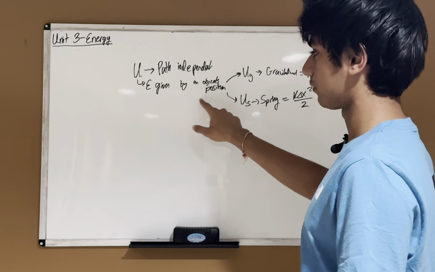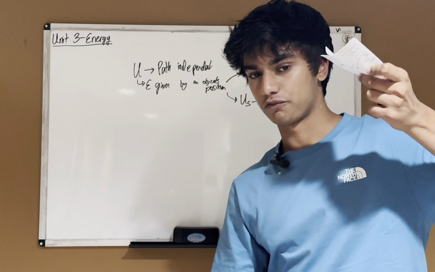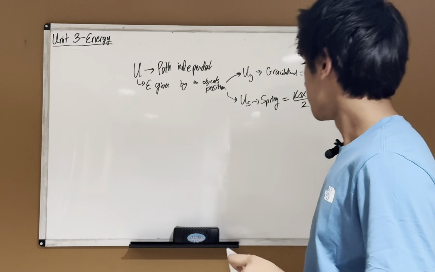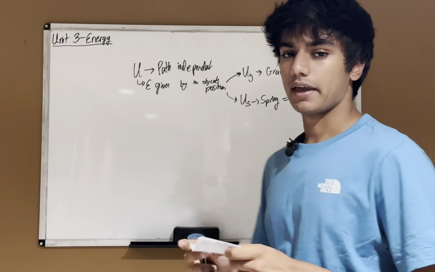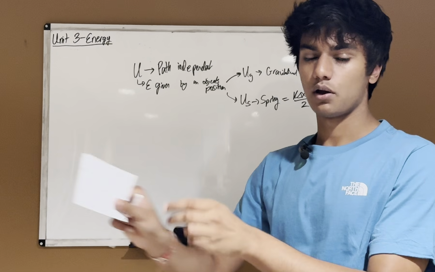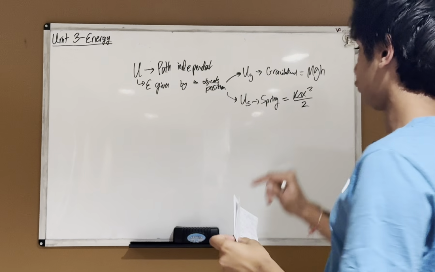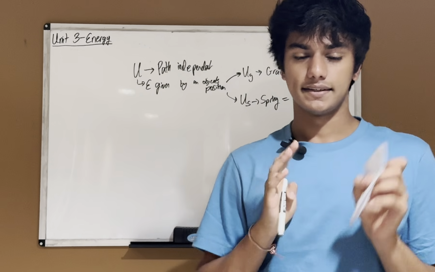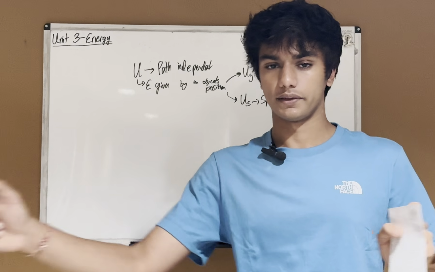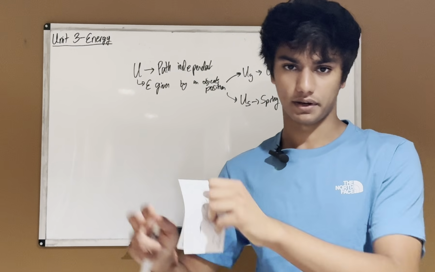It only matters how far the paper is from the Earth. Similarly for a spring, it only matters how far the spring is pulled back from its equilibrium position, which is what delta x represents: the distance from equilibrium to where the object is being pulled back or compressed.